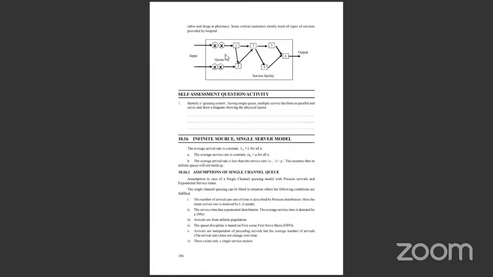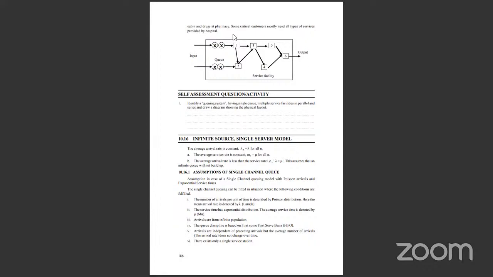If that is the situation for one customer, they need to wait for one service provider in a queue. After completing, again they will be going for the next one. So all these things are there for different services by one customer.